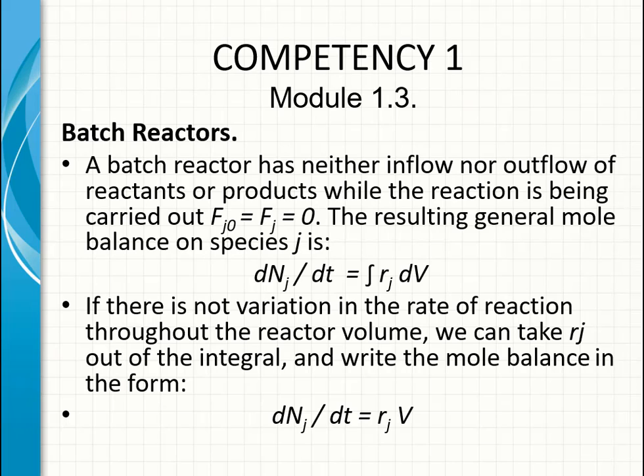If there is no variation in the rate of reaction throughout the reactor volume, we can take Rj out of the integral and write the mole balance in the form dNj divided by dt equal to Rj times V, because Rj is constant and we took it out of the integral.